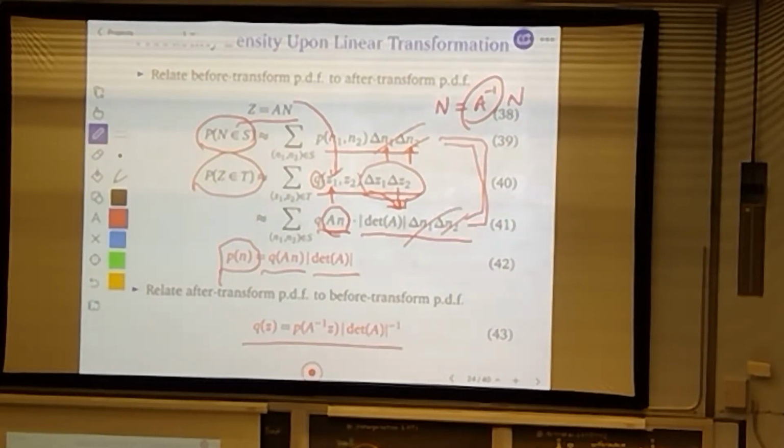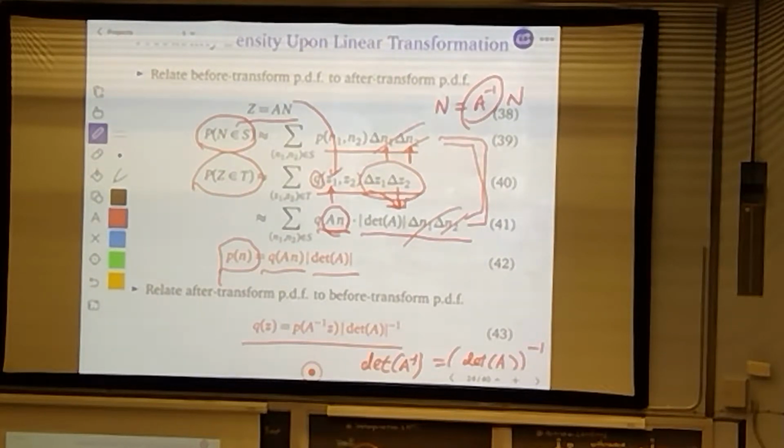So you can derive this as well. Q of Z is P of A inverse of Z, times the DET of A inverse, which equals DET A inverse. That's just the identity for the determinant, okay?